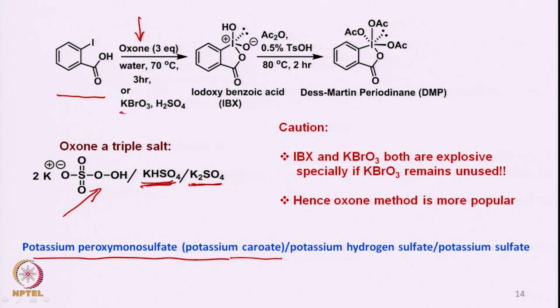One can also use KBrO3, potassium bromate, and sulfuric acid, but there is a little problem with this particular reagent system that I will tell after some time. So this undergoes oxidation to form this iodoxybenzoic acid, and this iodoxybenzoic acid is then acetylated under acidic conditions to form Des-Martin periodinane.